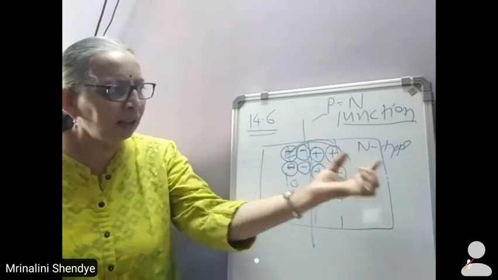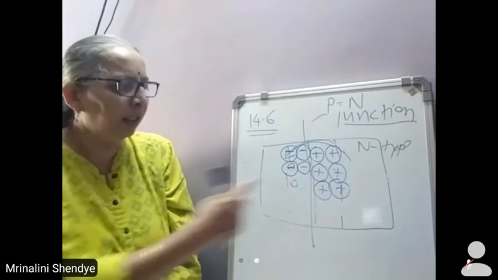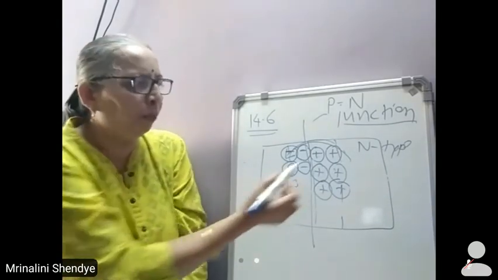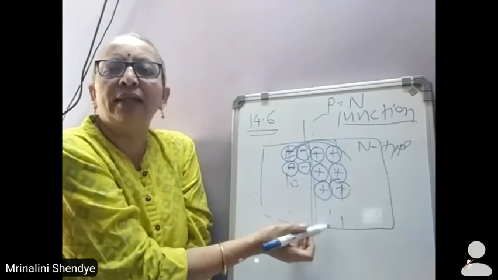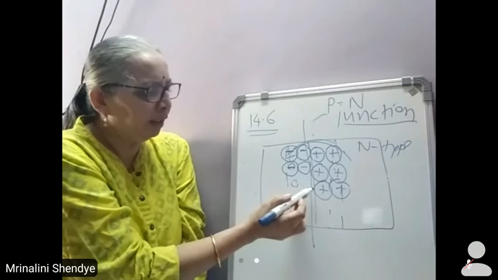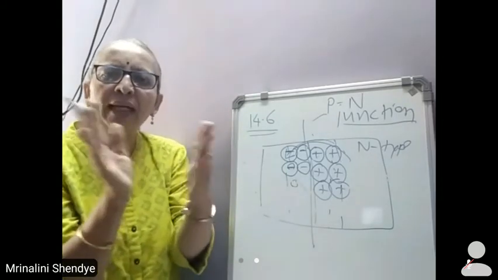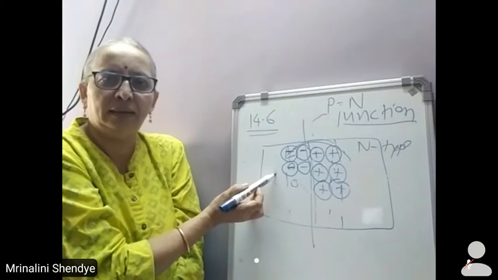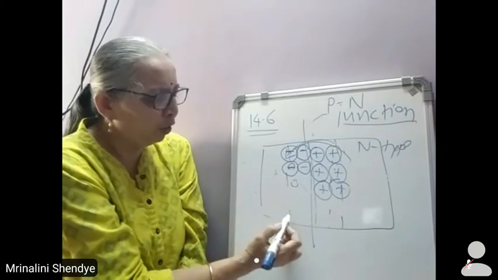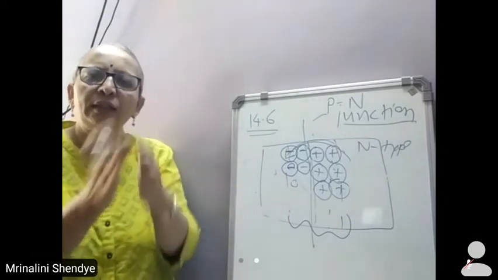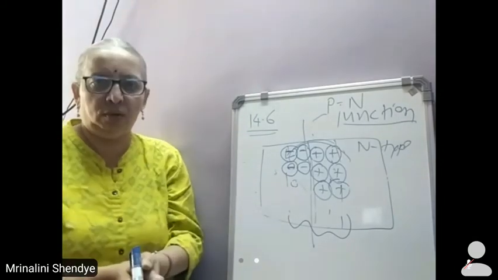So in N-type region near the junction, you get accumulation of positive donor ions, and in P-type region near the junction, we get accumulation of acceptor negative ions, and hence you get accumulation of ions on both sides of the junction formed.